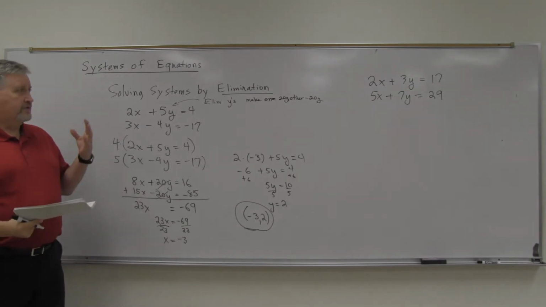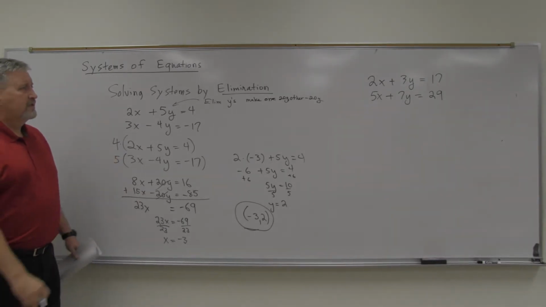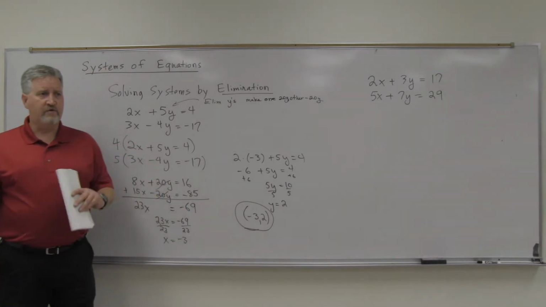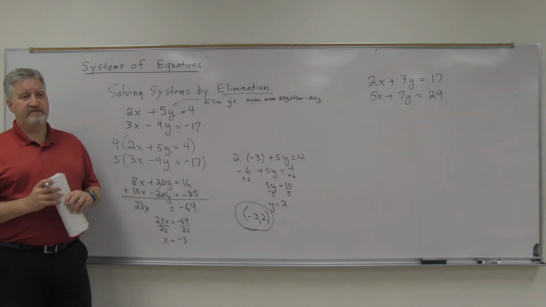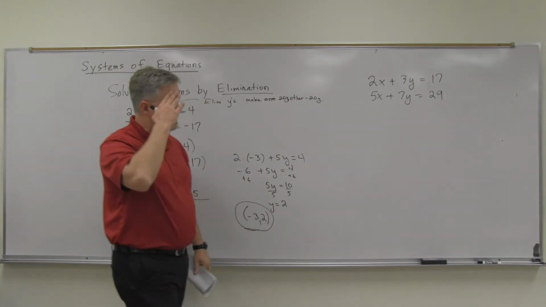Again, this one is set up for elimination. What I wanted to say about this is we can eliminate either the x's or the y's here. To me, it looks like the x's would be easier because the x's have smaller numbers.